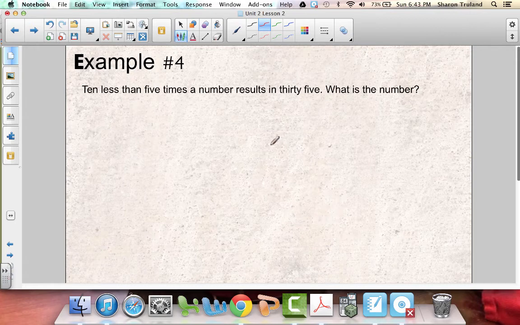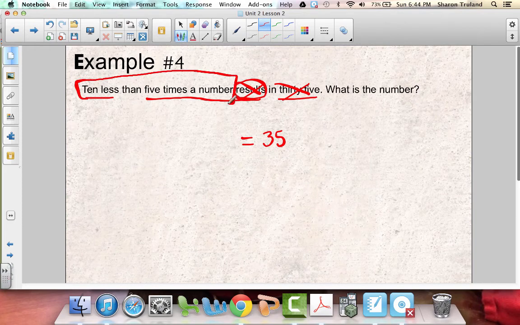Ooh, now they're getting tricky on us, and they're giving us a word problem. 10 less than 5 times a number results in 35. Well, I like that results in 35 because results, we learned before, is a fancy word for equals, and it tells us it equals 35. So now we've got to take this part of the sentence over here and make it into a mathematical phrase. 10 less than 5 times a number.